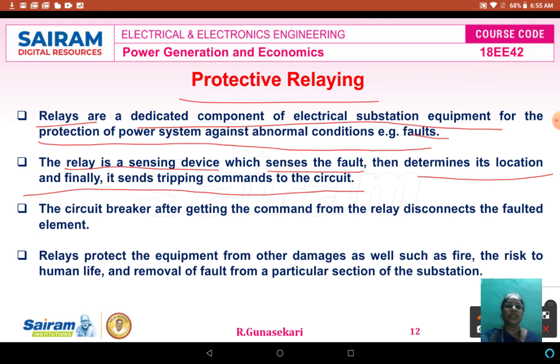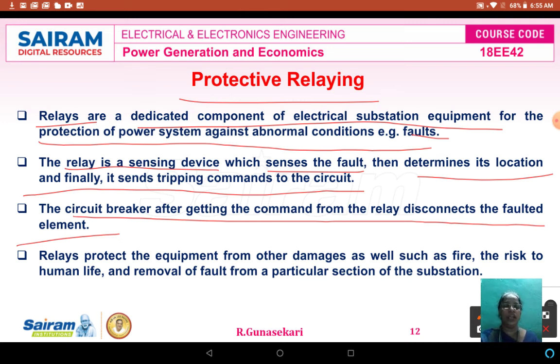After that, the circuit breaker disconnects the equipment or the circuit from the power supply during abnormal condition, that is, faulty condition. The circuit breaker, after getting the command from the relay, disconnects the faulted element. How does the circuit breaker get the command?